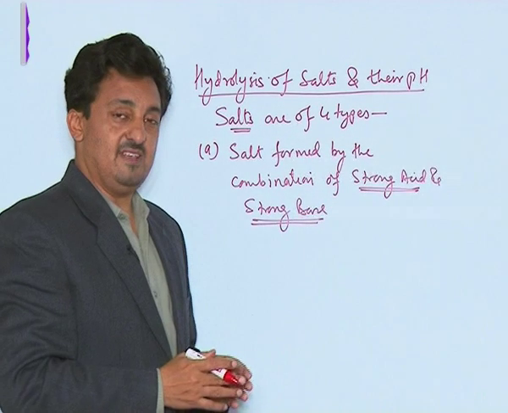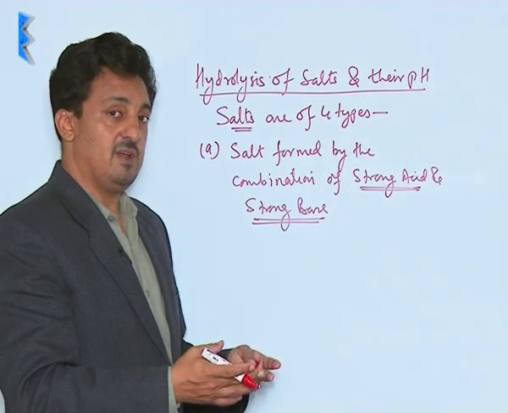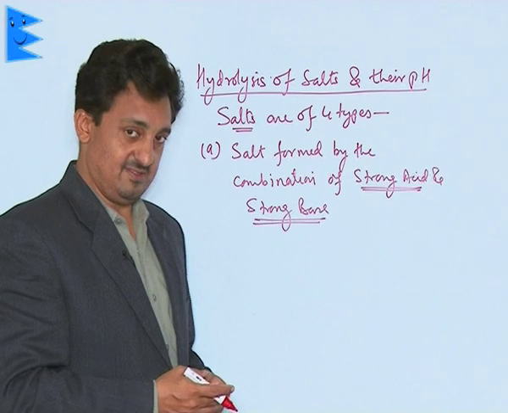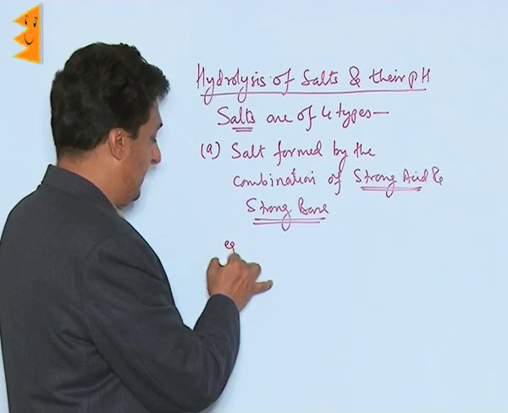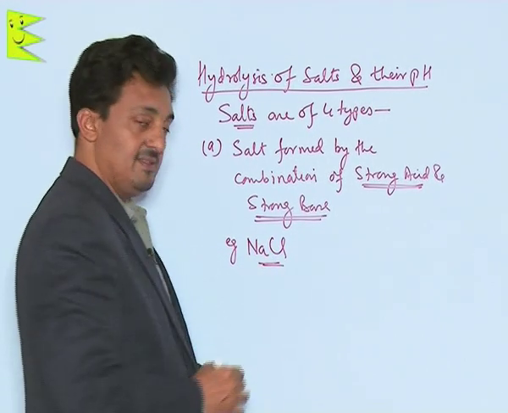When both the acid and base which are combining are strong, the salt formed is called a salt of a strong acid and a strong base. The best example of this type of salt is NaCl.